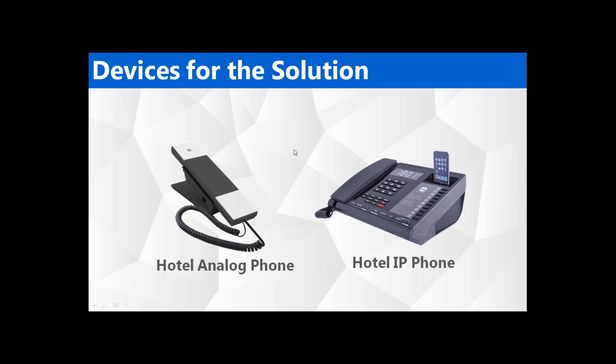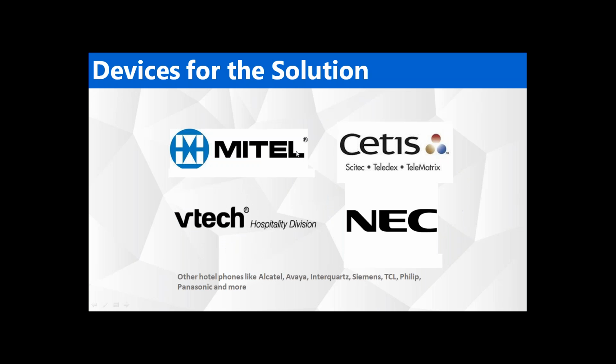Maybe you know them, but we do not only support the BTL phone. Here we support most of the commonly seen hotel phones that you will find in the market. Here we have a few examples: Mitel, Cetix, VTech, NEC, and besides those we have Alcatel, Avaya, Intercord, Siemens, TCL, Philips, Panasonic.